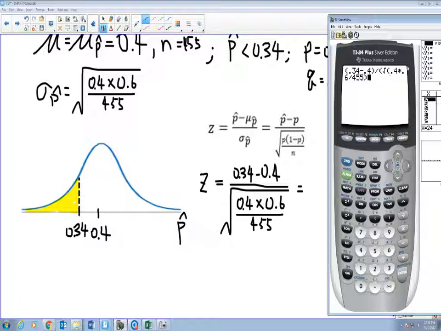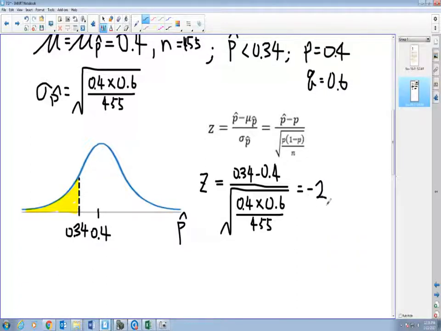Close the parenthesis for my square root, then close the parenthesis for my entire denominator. Negative 2.61. Okay, so the z-score here is negative 2.61.